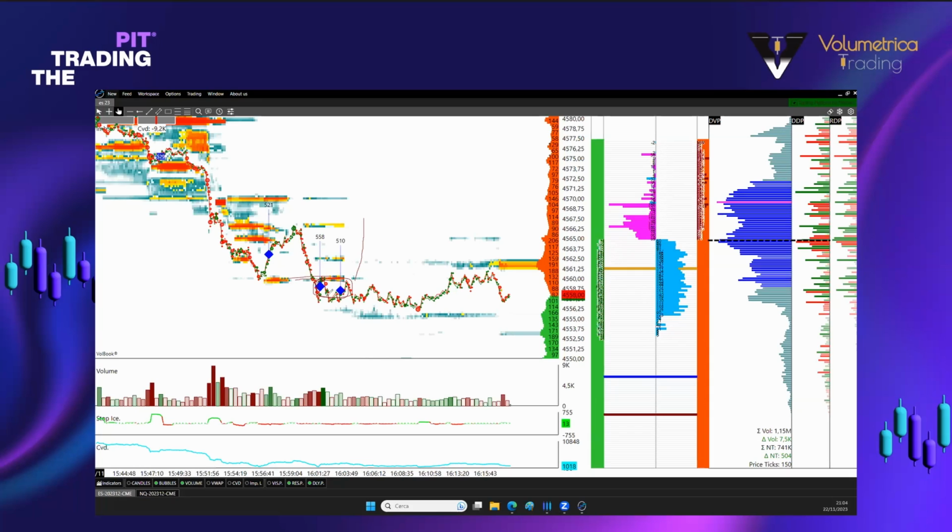So that's a stop run to the upside. They are trying to reach a previous level of liquidity being in that side of the book. Those are way more difficult to be traded because in situations like this, personally, I wouldn't have been able to decipher that at the moment.